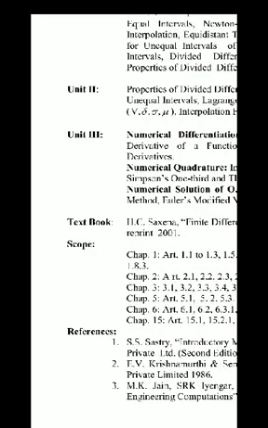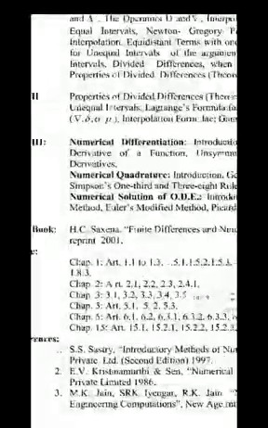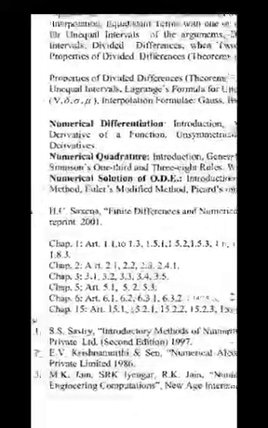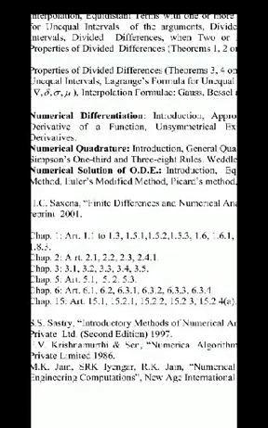Now, unit second. In unit second, there are properties of divided differences. Some theorems will be there. Then Newton's formula for unequal intervals, a very interesting formula. After that, Lagrange's formula for unequal intervals.